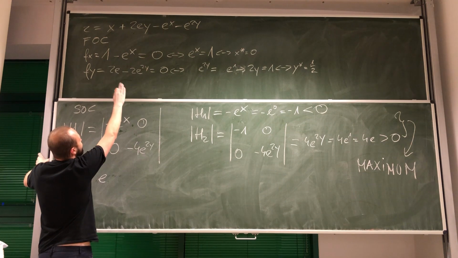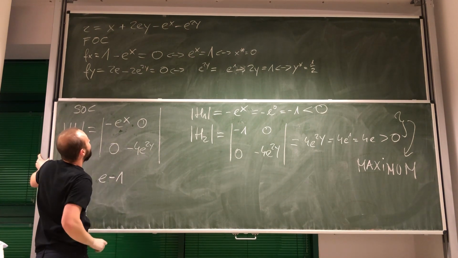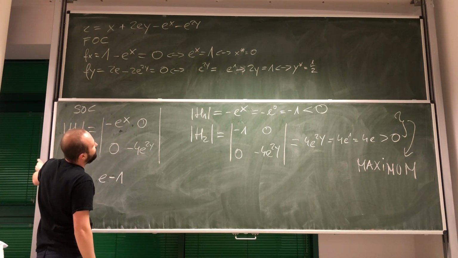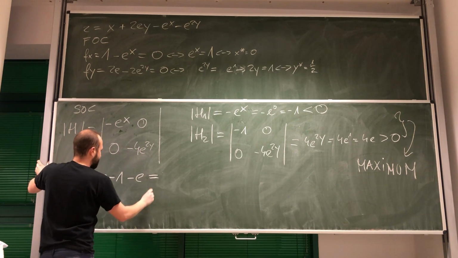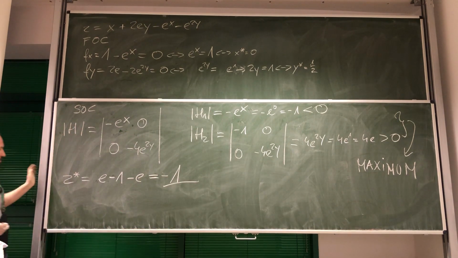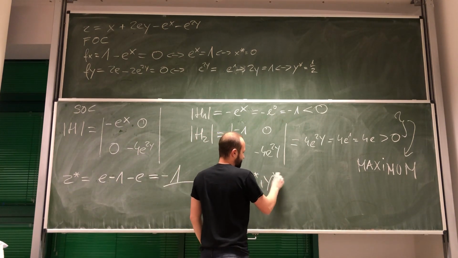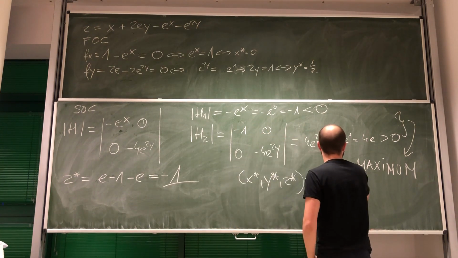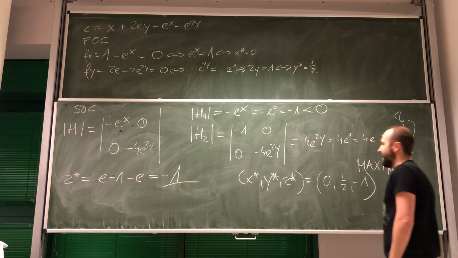Then minus e to the power of x, 0, it's negative 1. And minus 2e to the power of 2y, so e to the power of 1, so minus e. We get that this is equal to negative 1. So our solution is a triplet: 0, 1 over 2, negative 1.